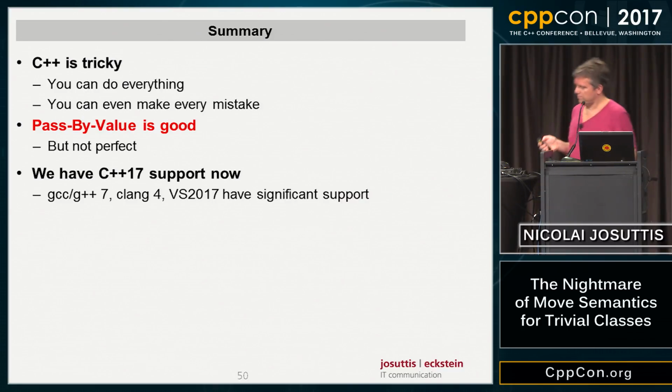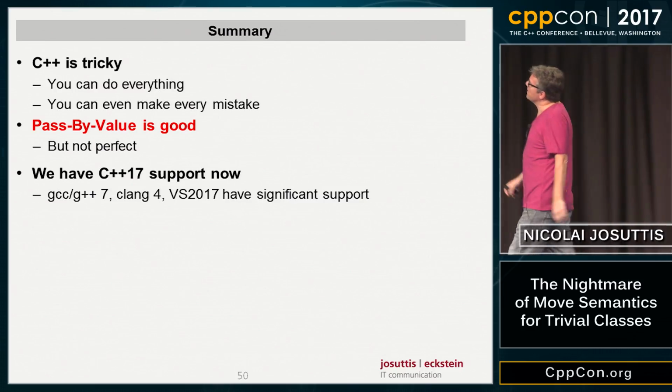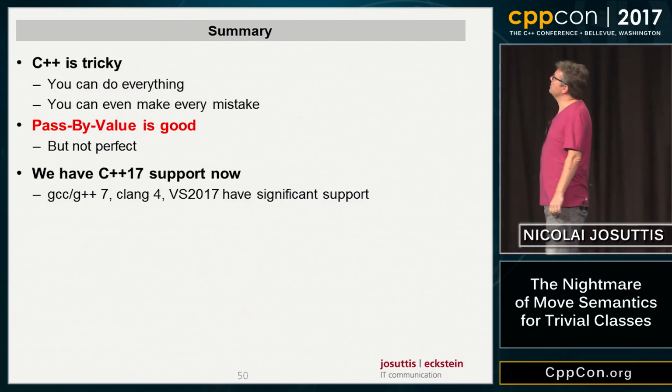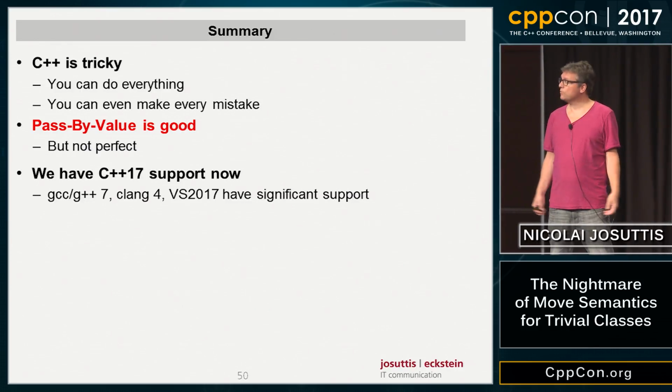So that we pass by value is incredibly good. It's not perfect, but I would recommend this in this case because we have to teach C++ to people. The usage of enable_if is a nightmare for application programmers.